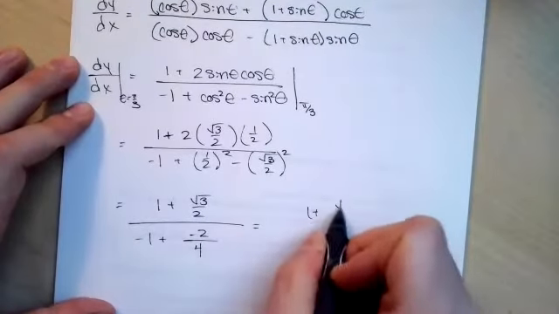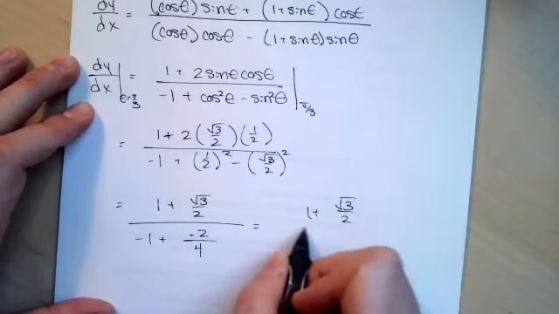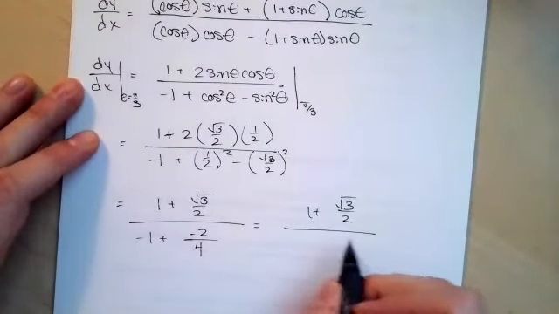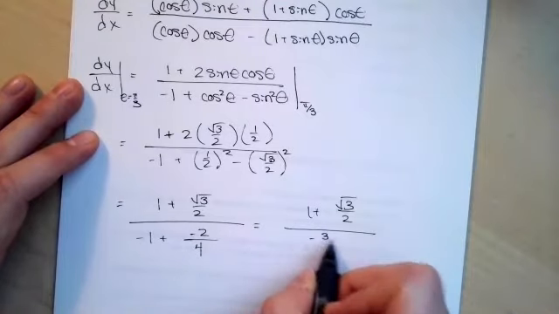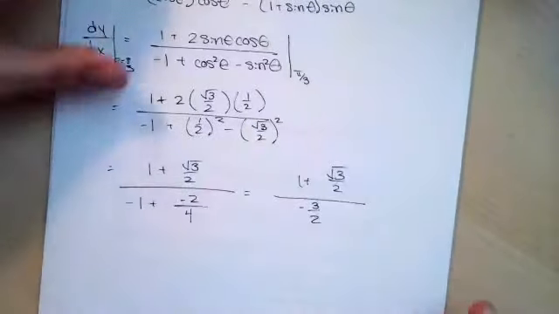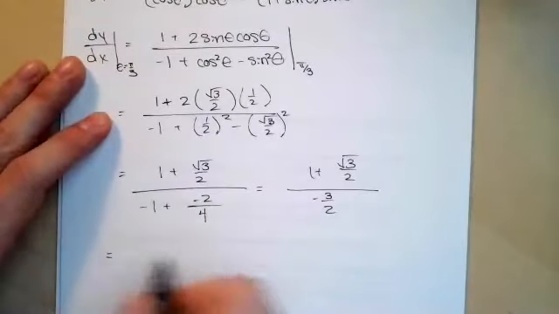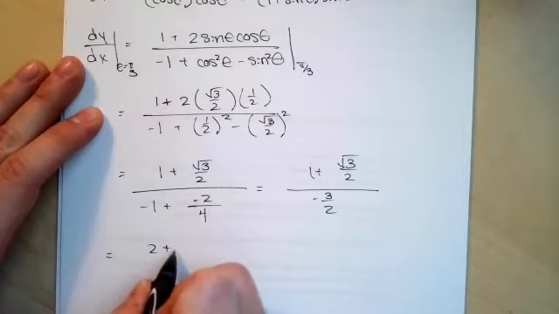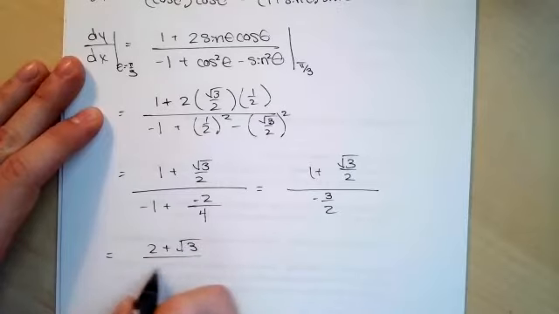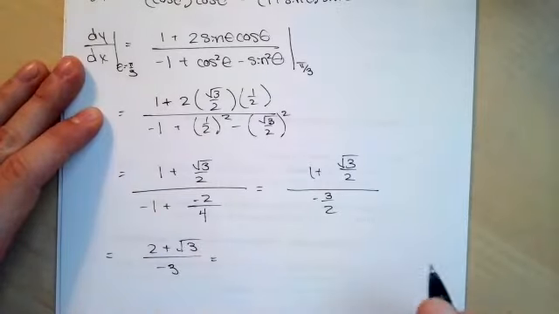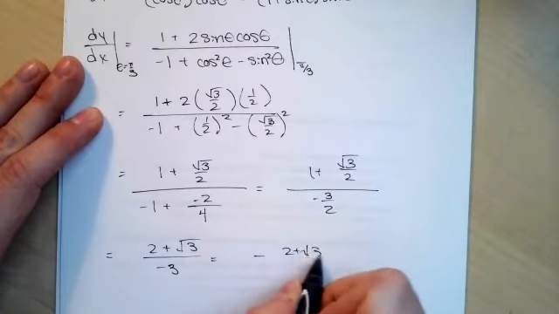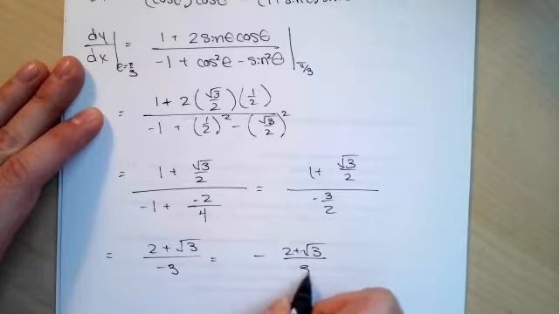So 1 plus root 3 over 2. And then, of course, negative 1/2 minus 1 minus 1/2 is going to give us minus 3/2. And so simplifying, if we just multiply 2 over 2, we'll get 2 plus root 3 over negative root 3. Or if you want to write it, negative 2 plus root 3 over 3.